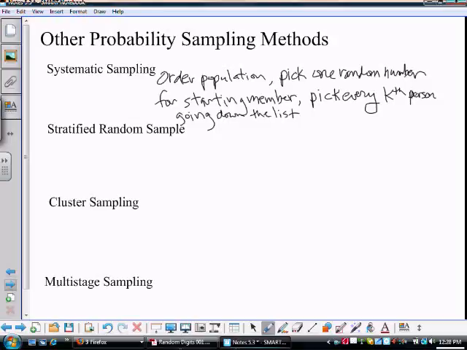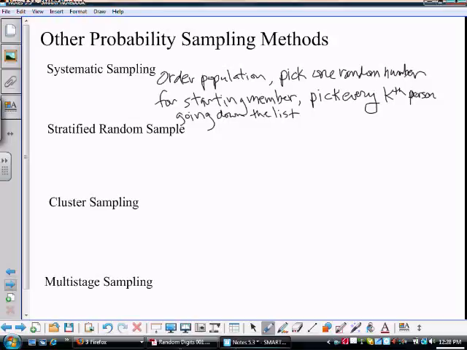Okay? So everybody's got an equal chance to be chosen. But let's say I'm looking at the group that's persons 2, 3, 4, 5, and 6. I got 0 chance of picking that group because I never pick people right next to each other.